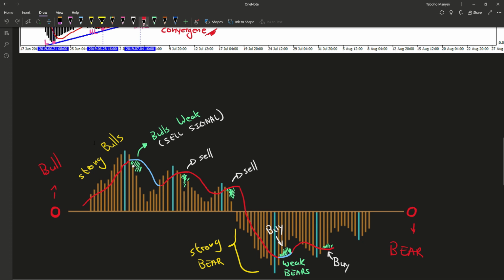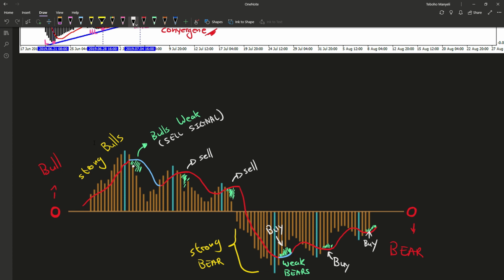Alright, so it goes on and on. So still buying opportunities. Then the sellers come in again, showing us their strength, and then they lose power again here, where you now have space between the histogram and the moving average line, which again gives us a buy signal right over there. And that's what it literally means.